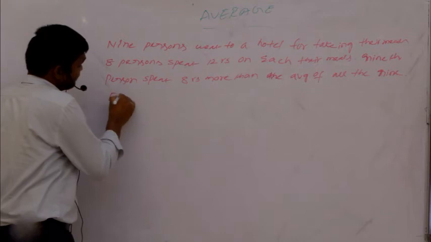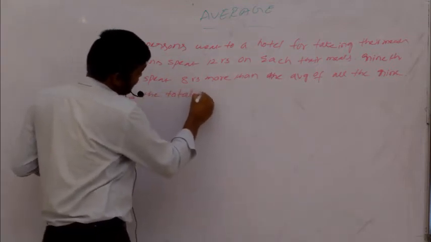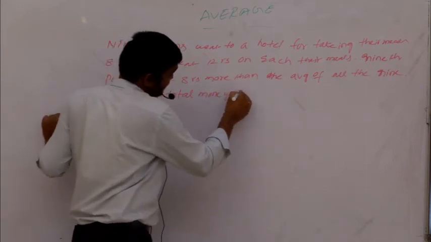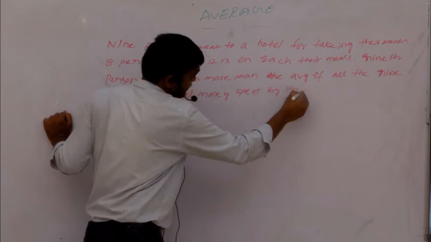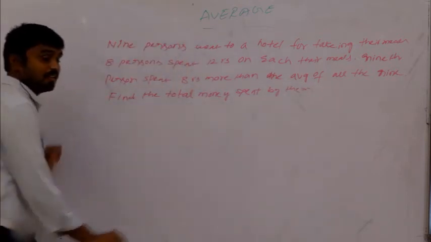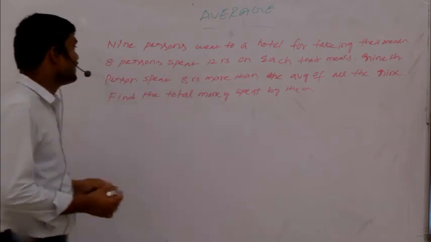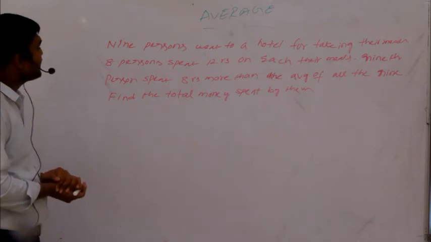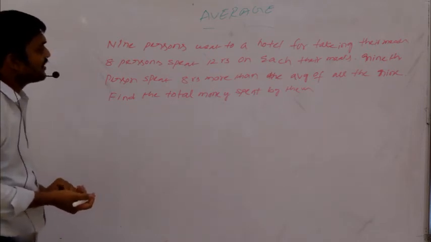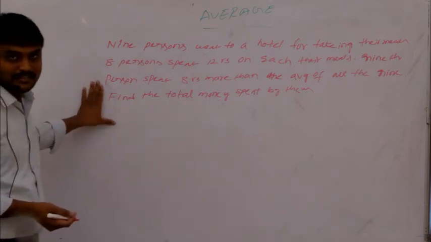So here 9 persons went to a hotel for taking their meals. 8 persons spent 12 rupees on each meal. The ninth person spent 8 rupees more than the average of all the 9. Find the total money spent by them.